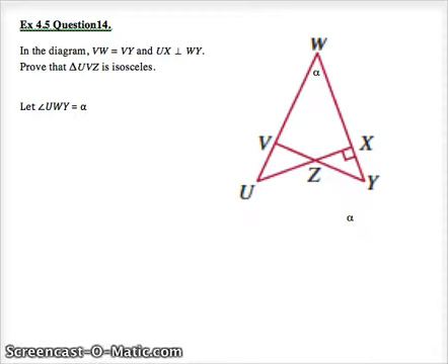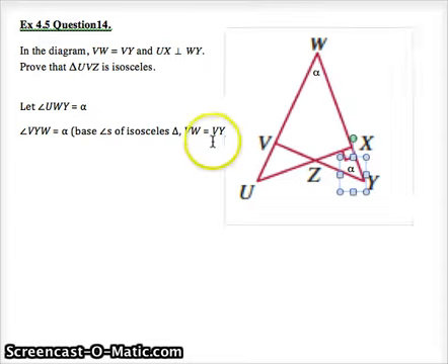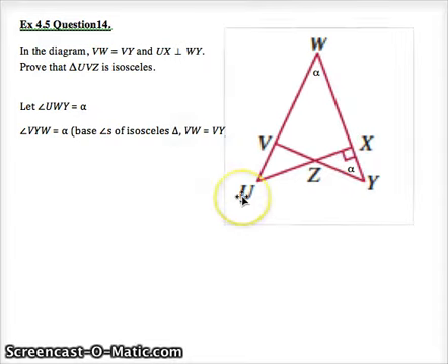And we also know that, as we just said before, angle VYW, this angle down here, will also equal alpha because they are base angles of isosceles triangle. We should say which triangle we're talking about as well. Triangle VWY.